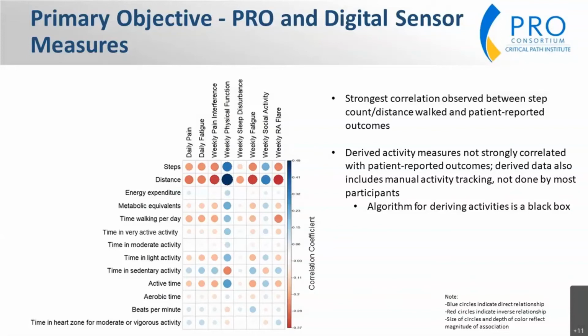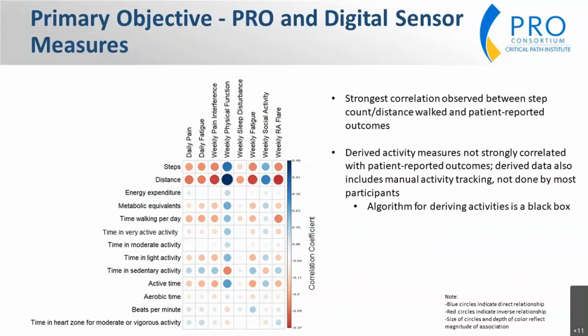And as you can see, the strongest correlation was unsurprisingly observed between step count and distance walked and patient-reported outcomes. And even then, it's only a moderate correlation. Since the Fitbit Versa does not have an inbuilt GPS, the distance walked is derived from the step count, so that relationship of those two with the PRO measures is not surprising.